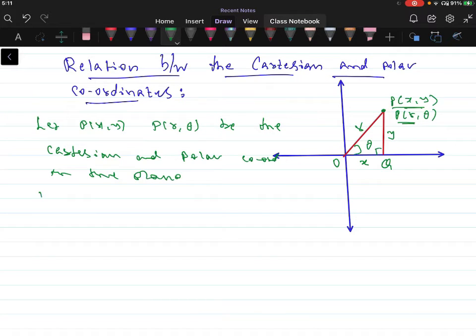Let O be the pole or origin on the x-axis. The x-axis is the initial line.